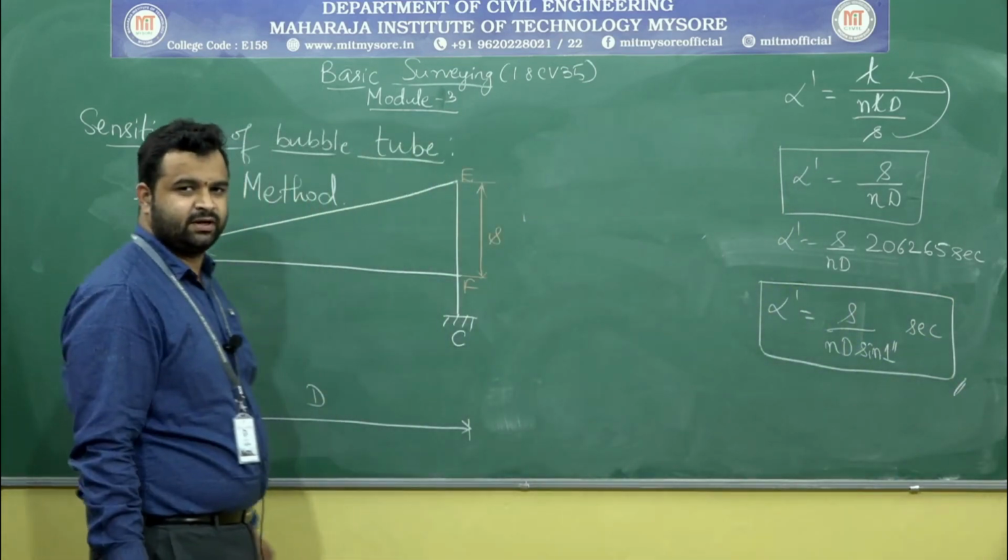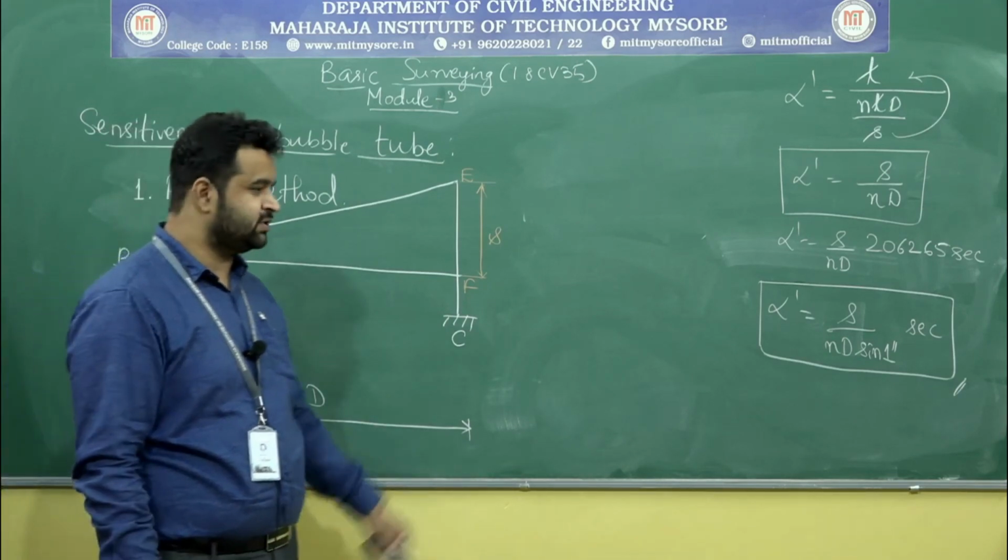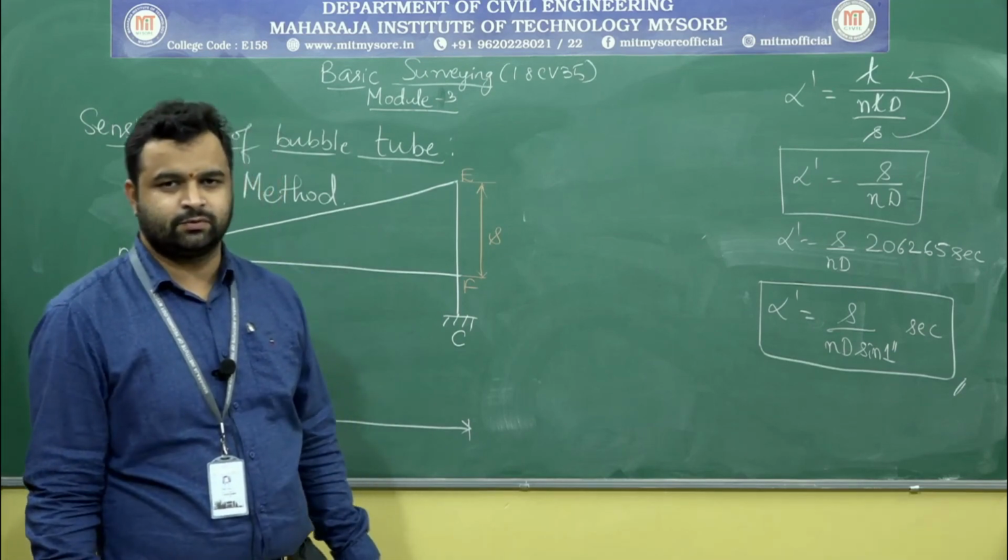This is how you determine sensitivity of bubble tube. That is one of the methods. This is the first method. We can also determine the same sensitivity by using one more method.